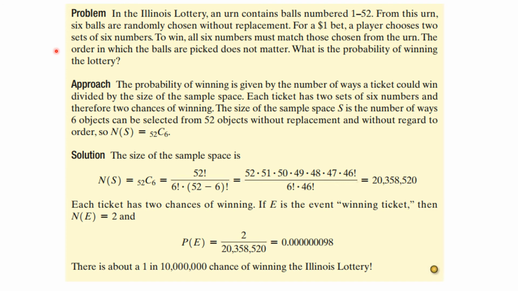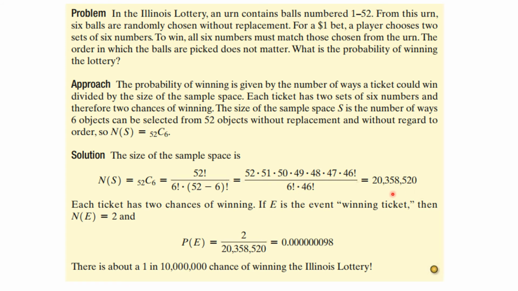Well, you're saying how many different ways could 6 numbers be picked from 52. So it's 52 choose 6. Here's the formula: 52 factorial over 6 factorial times 52 minus 6 whole factorial. That's 46 factorial, and that will cancel out with the numerator, and so you can do the calculation.